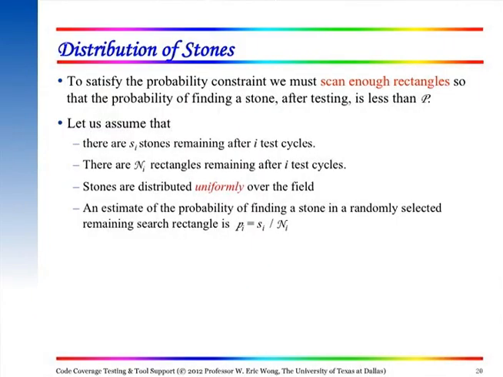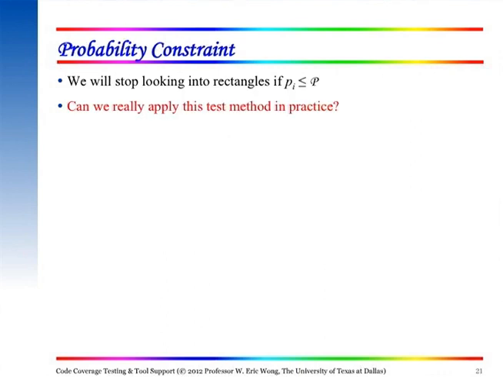Altogether, you have this many cells, this many partitions, and this many stones. So when you check the next cell, what is the probability for you to find a stone? So this can be computed. And then you stop when the probability is less than the constraint P.